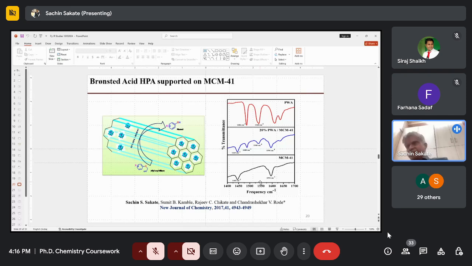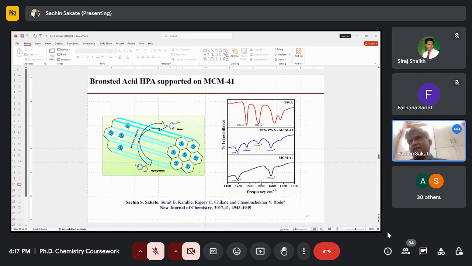Now the beautiful part I would like to share is the 20% loading. See, 20% loading means if you are taking 100 milligram of the catalyst, 80 milligram is the support, and 20 milligram is only your active species.